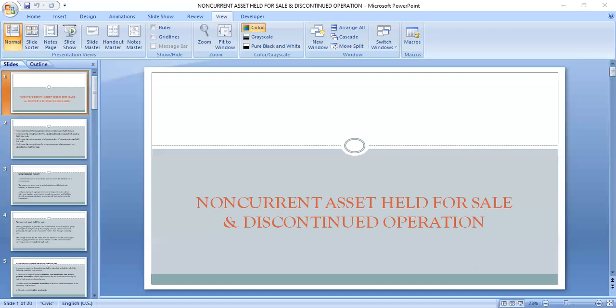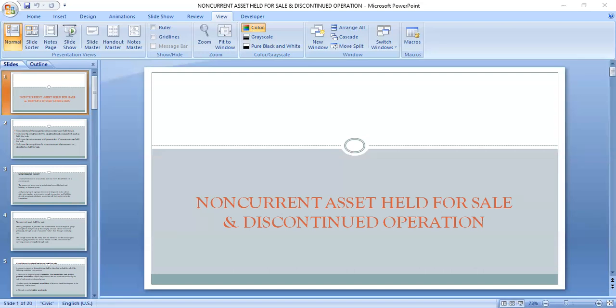Any cost of disposal at classification date should be recognized as impairment loss for the period and deducted from the asset held for sale. However, at subsequent year end, the revalued asset classified as held for sale shall be measured at the lower of carrying amount and fair value less cost of disposal.